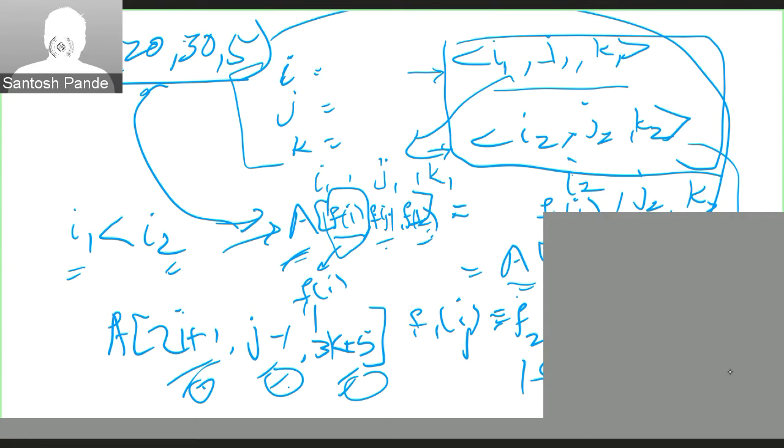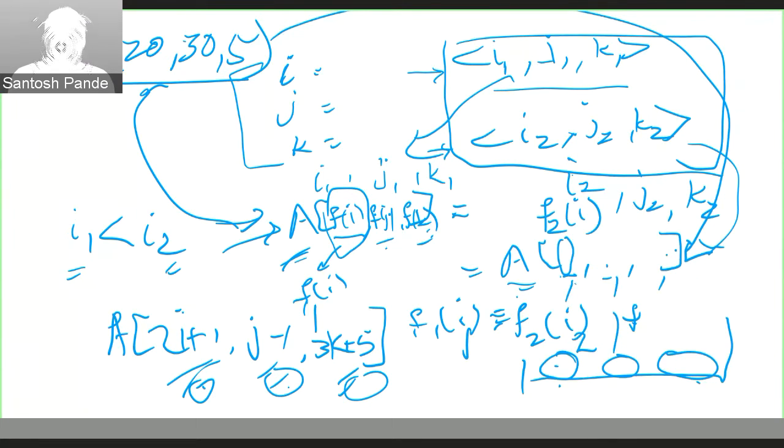Maybe pretty clear here that the dependence will be governed by whether the write is occurring before the read. In this particular case, the iteration which is responsible for the write, which is I1, J1, K1, is going to occur before the iteration for the read.